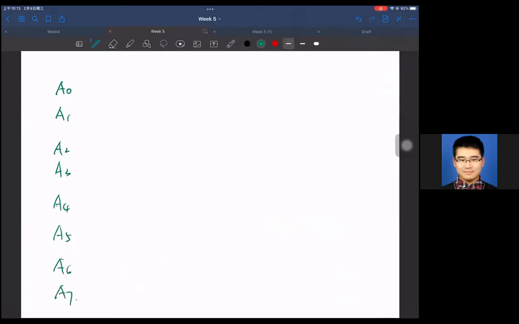Each of these is just a 1-bit number, right? So what we need to do is the following: the number of 00 equals the summation of A0 to A7. This means a 1-bit summation, like 1 plus 1 plus 0 plus 1 plus 1 plus 0. That's the thing we are trying to get.